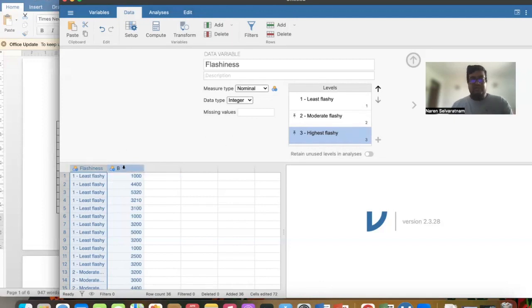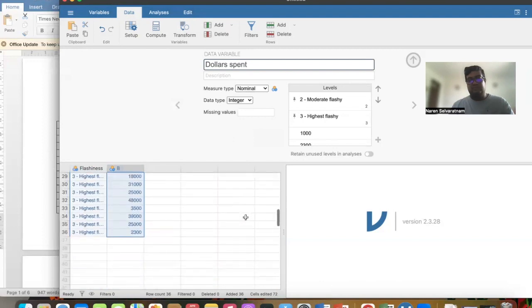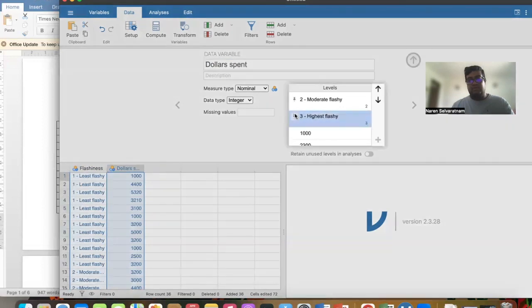Now let's go for the second variable. Here I'm going to write it as dollars spent. This is not a nominal variable. And last time, I think I mistakenly added something here.